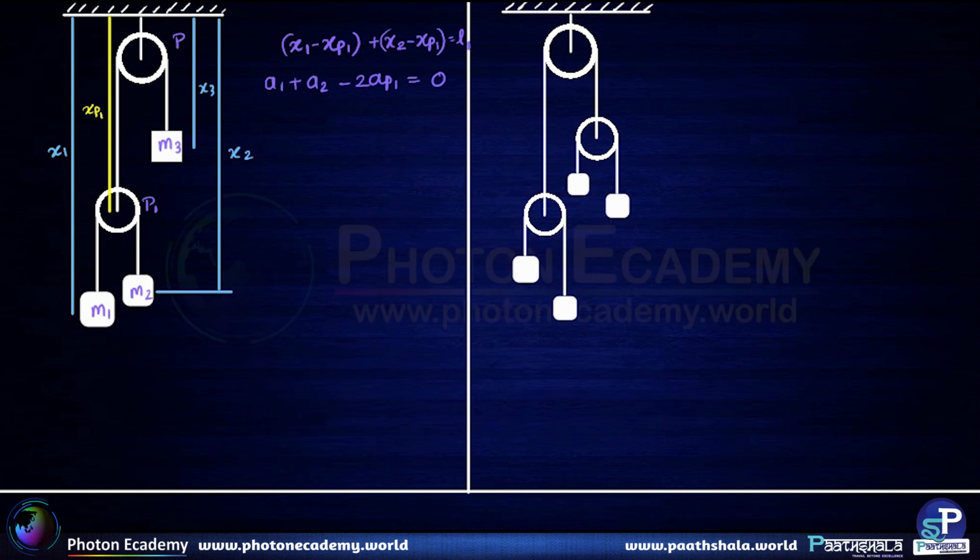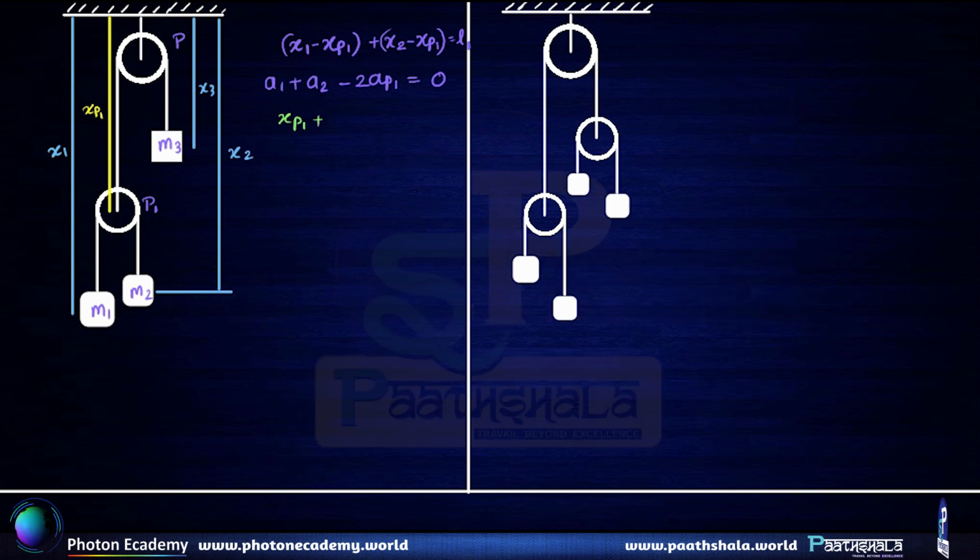Now for the string 2, we can understand that this is nothing but xp1 and this is x3. So we can simply write down for the string 2, xp1 plus x3 happens to be a constant L2, let's say the length of string 2.